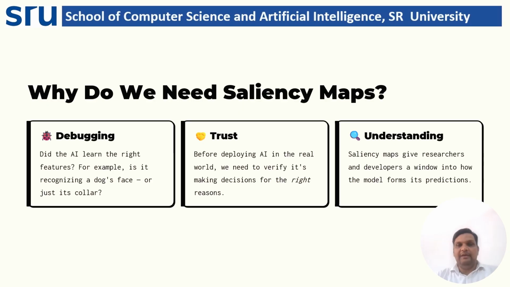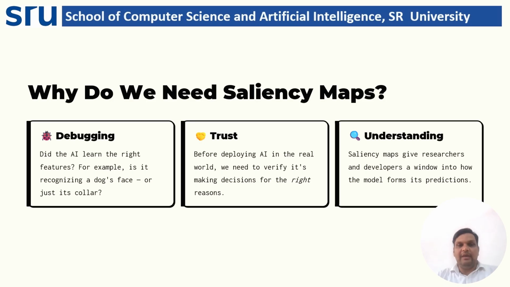Why do we need saliency maps? First, debugging. Did AI learn the right features? For example, does it recognize a dog face or just its color? Trust.